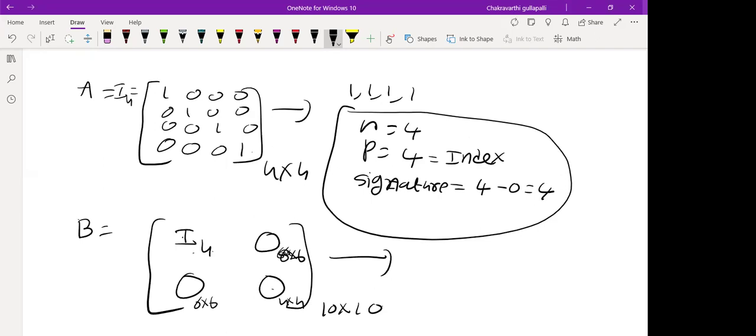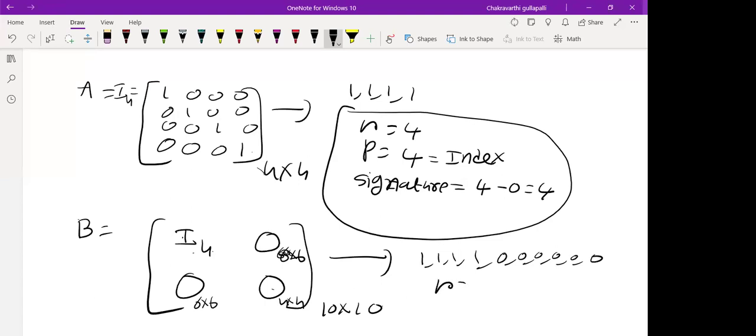For block diagonal matrices, the eigenvalues of the blocks are the eigenvalues of the matrix. So 1, 1, 1, 1, and the remaining are 6 zeros, because a 10 by 10 matrix should have 10 eigenvalues. Whenever it is a diagonal matrix, the diagonal elements are the eigenvalues.